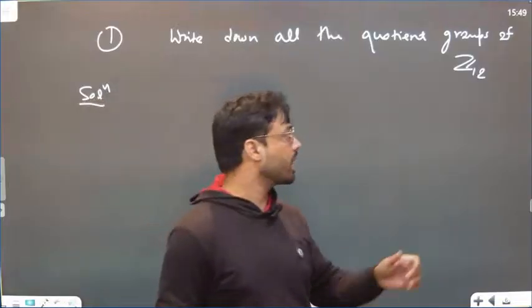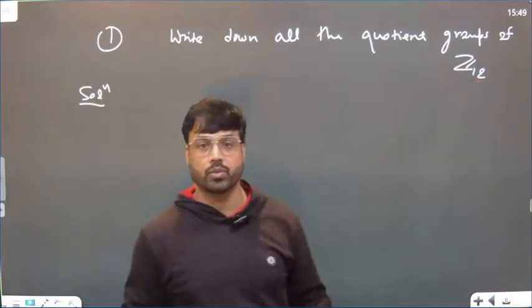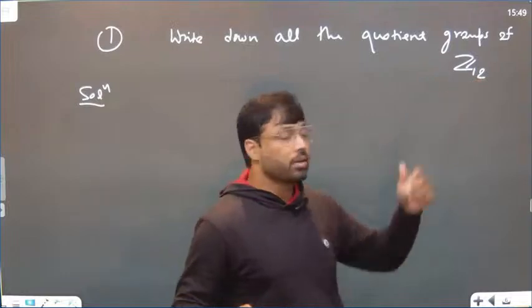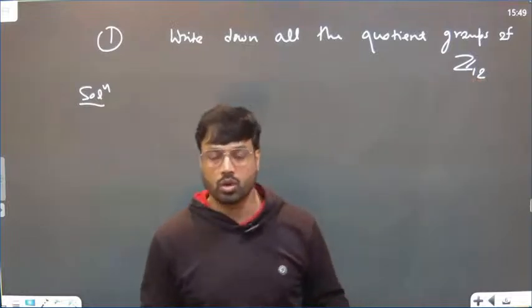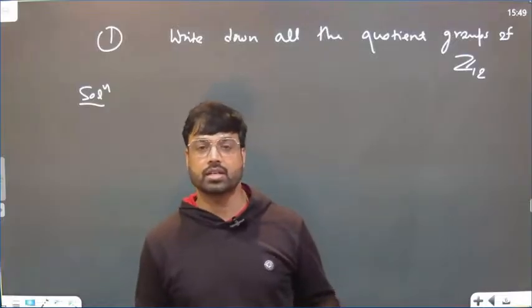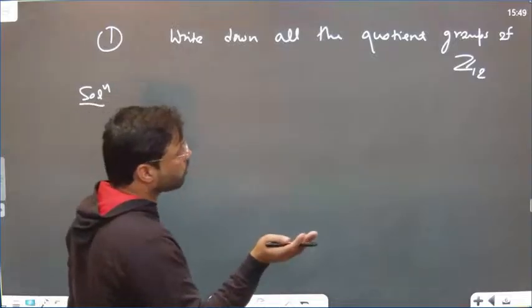So simply you have to find all the subgroups of Z12, and since Z12 is an abelian group, all the subgroups of Z12 will be normal subgroups, and then we can write down the quotient groups with respect to those normal subgroups.